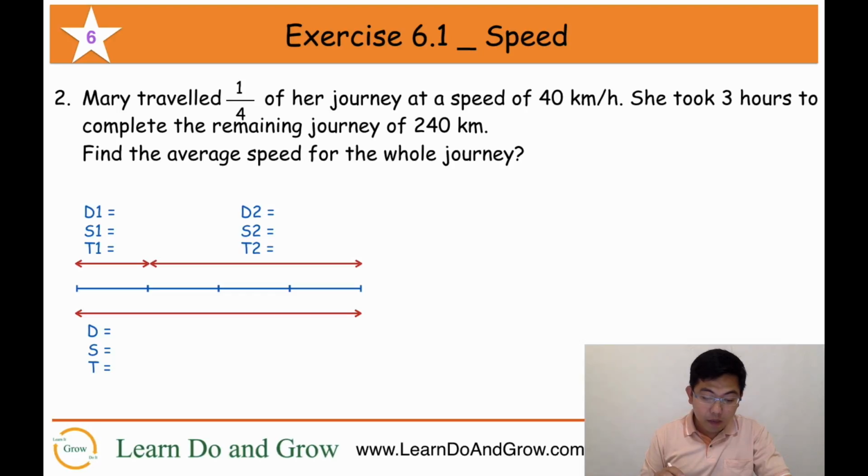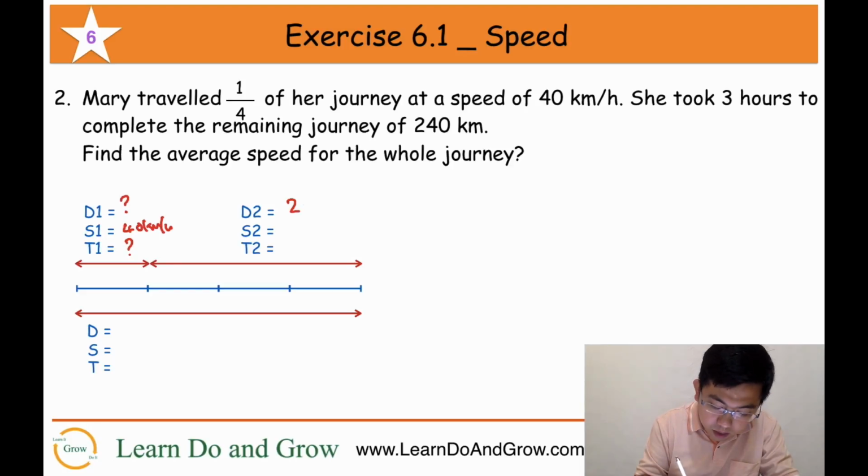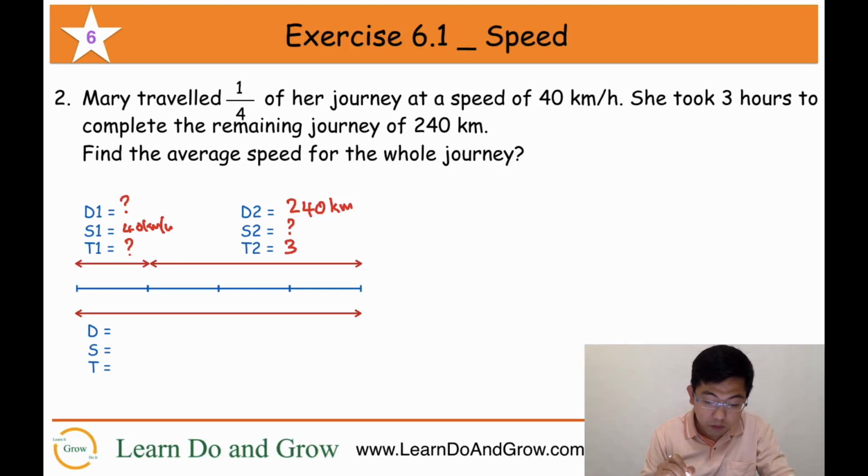In this case, D1 we do not know, S1 we know, 40 km per hour, T1 we do not know, and D2 do we know? Yes, we know, 240 km. S2 do we know? We don't. T2 we know is over here, 3 hours. What else do we know?